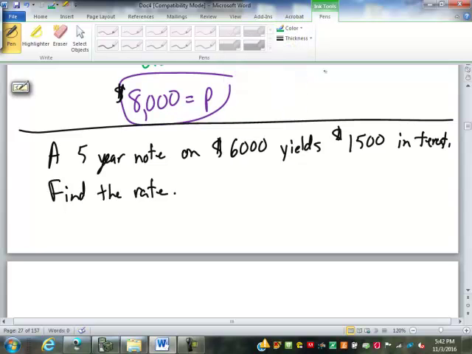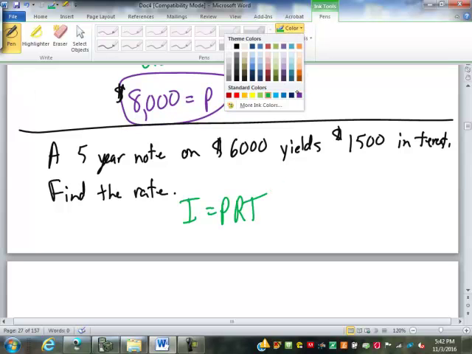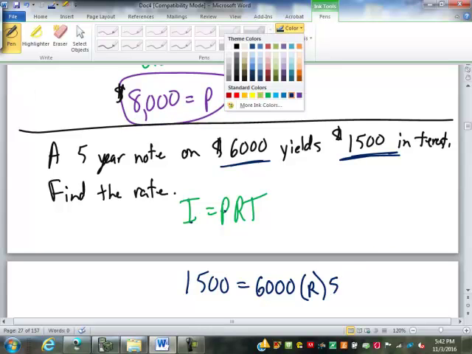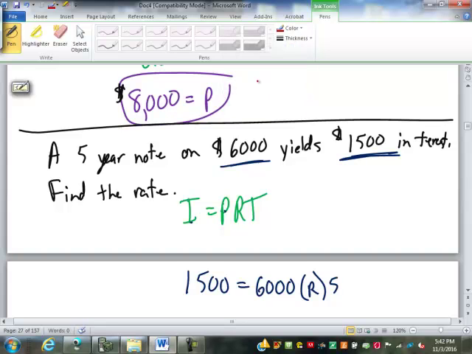So similar thing, we're going to set it up. I equals PRT. What do I know here? Well, do I know I? What is it? Careful. 1,500 is the interest. Do I know P? Yes, what is it? That's the 6,000. Do I know R? No, that is what I'm looking for. Do I know T? Yeah, 5.